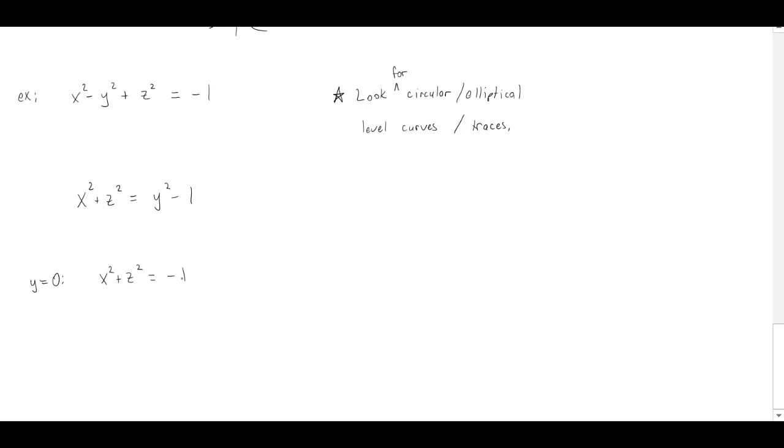So what does that equation represent? Is something confusing about the equation perhaps?